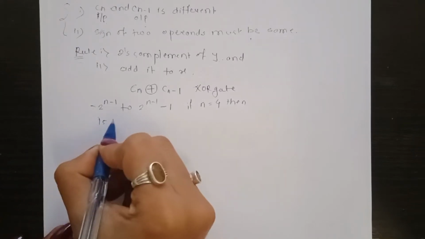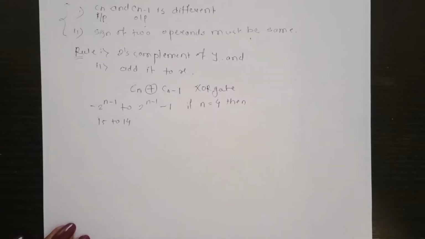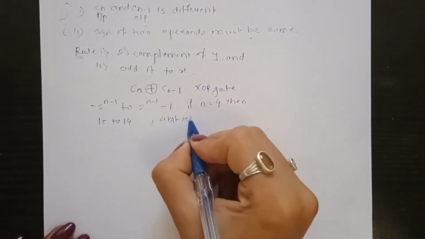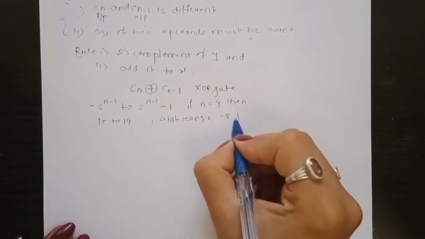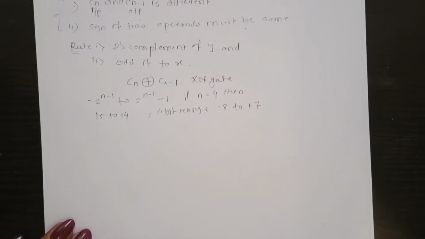For a 4-bit range it is minus 8 to plus 7. So when the result of an arithmetic operation is outside the representable range, it is called arithmetic overflow. That means if it is out of the range of minus 8 to plus 7, it is called arithmetic overflow.